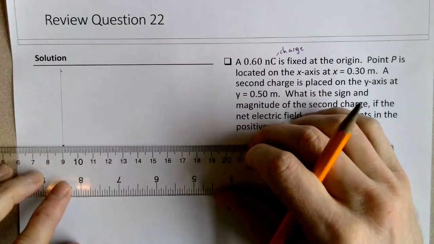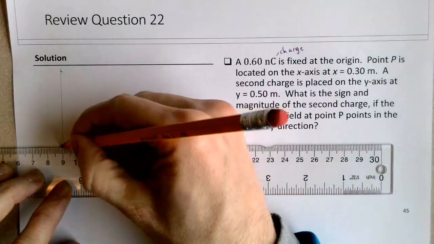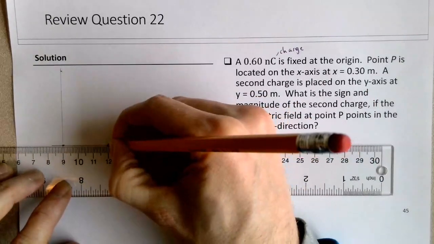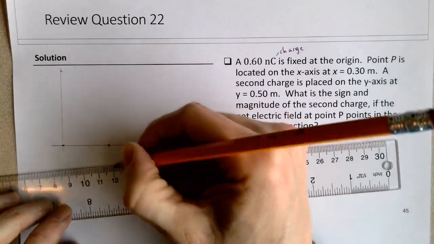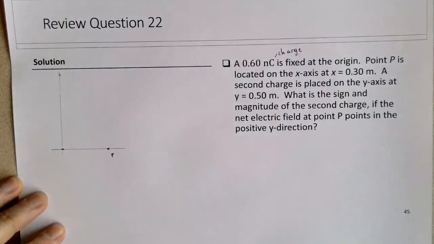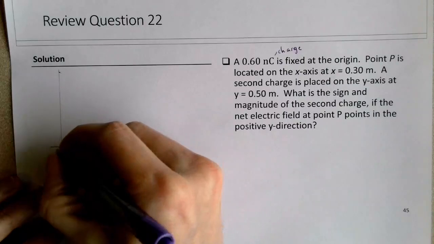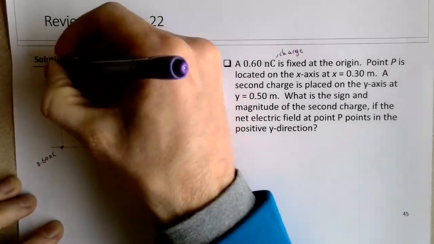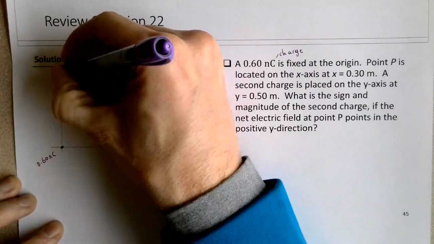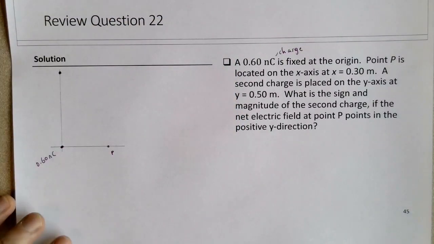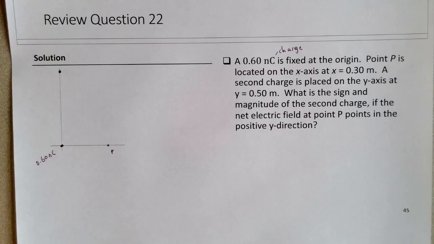And then we've got 0.3. Okay, so this is where our point P is located. We've got a 0.60 nanocoulomb charge, sorry, at the origin. Then we've got some other charge here at y equals 0.5, and we know the net electric field at point P points in the positive y direction.